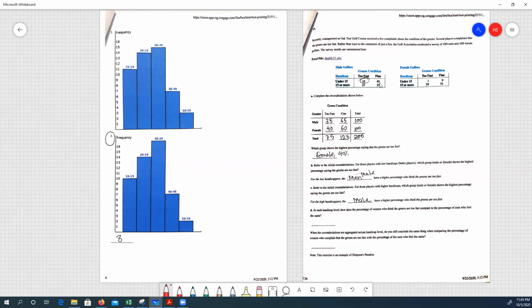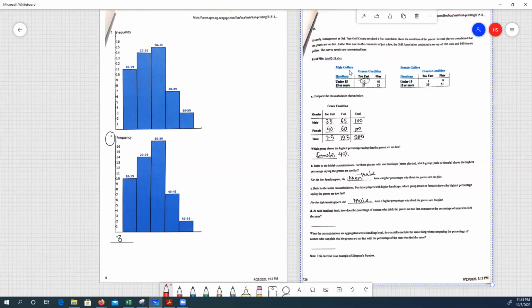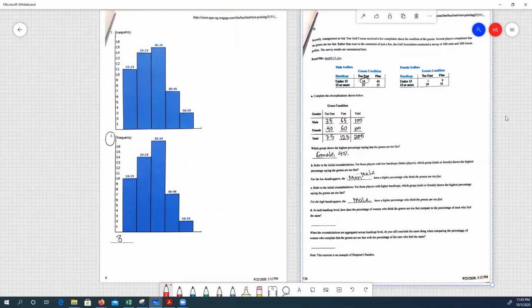Okay. So the next problem is we have the information about the male golfers and the female golfers. Here is the handicap under 15, and this is 15 or more, and too fast, and this is just fine.